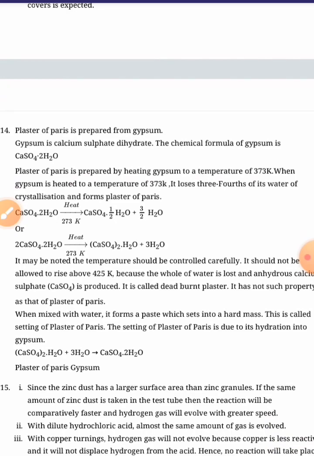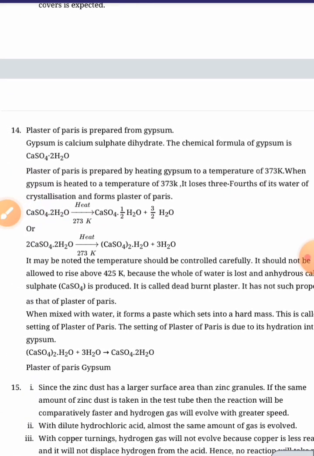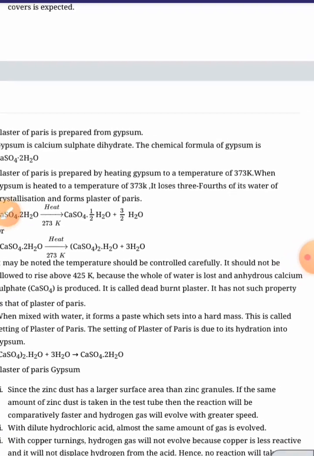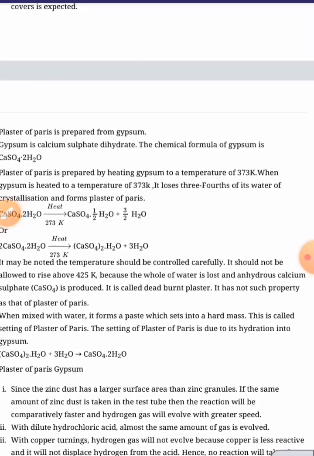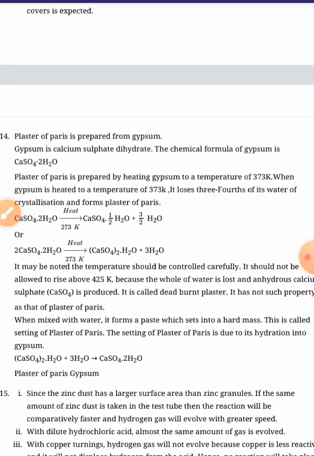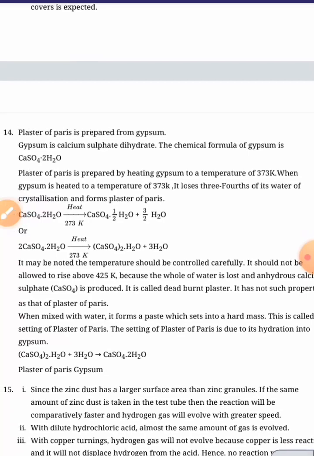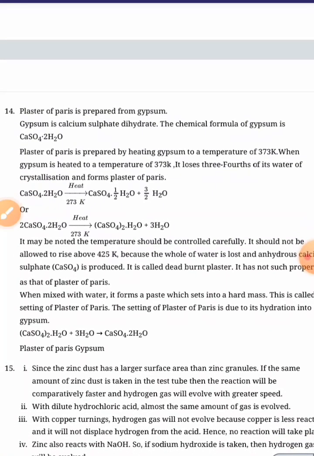It may be noted that the temperature should be controlled carefully. It should not be allowed to rise above 425 Kelvin because the whole of the water is lost and anhydrous calcium sulfate, CaSO4, is produced. It is called dead burnt plaster. It does not have the same property as plaster of Paris.